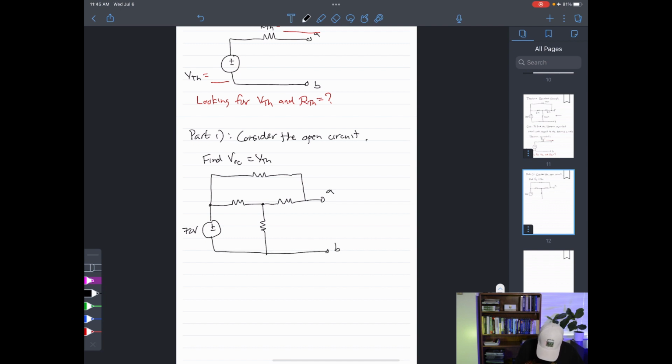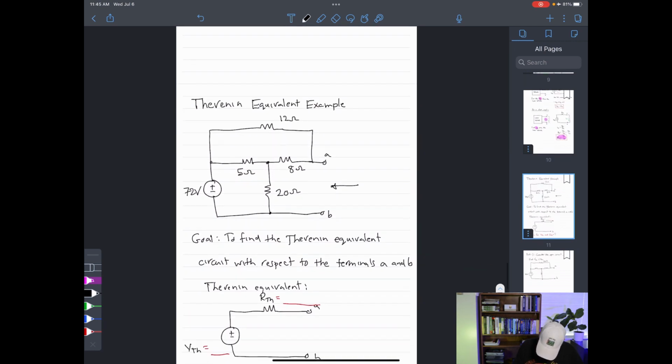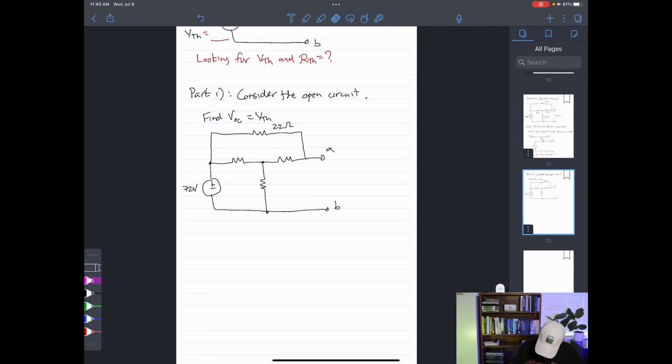So this is 12 ohms. I can't all of a sudden just change the value of these. That wouldn't be good. So this is 12 ohms, this is 8 ohms, this is 20 ohms, and lastly, this is 5 ohms.